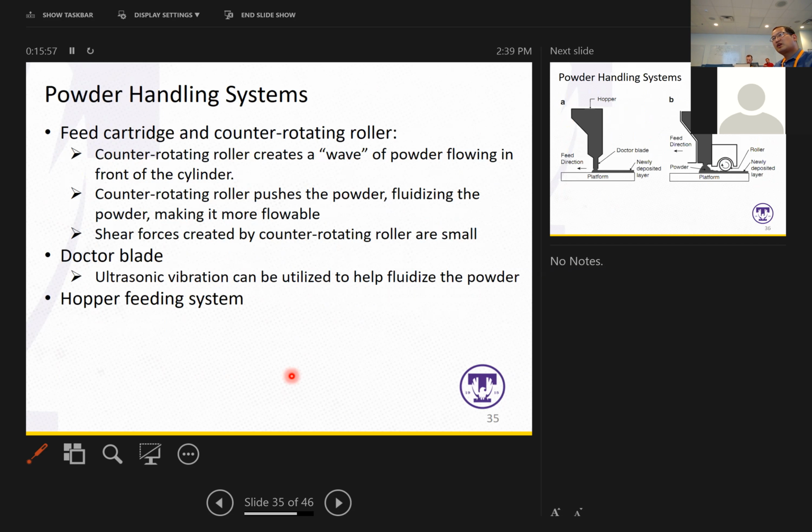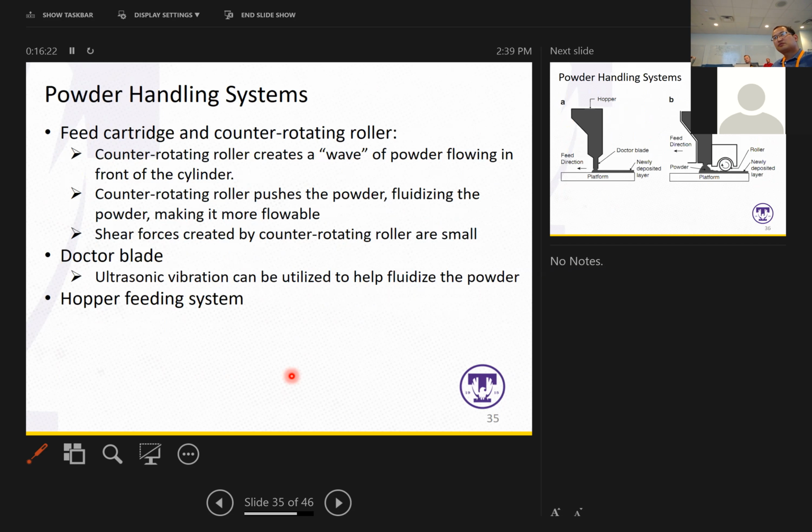Shear forces created by the counter rotating roller are small. And all these problems are caused by the mechanical motion of the roller, which is part of the printing system. But it is also essential to the final printed parts.